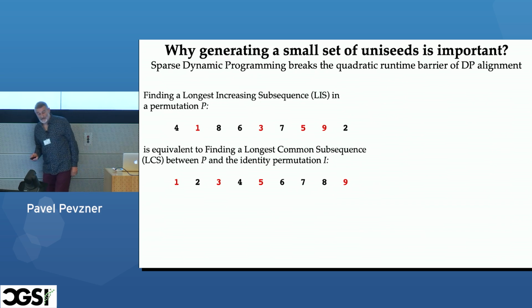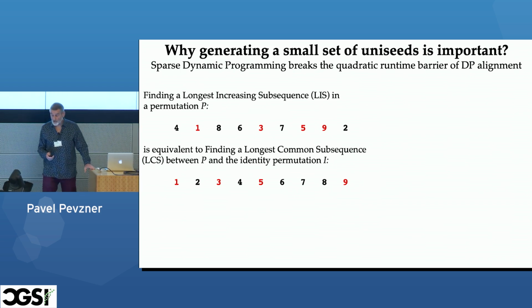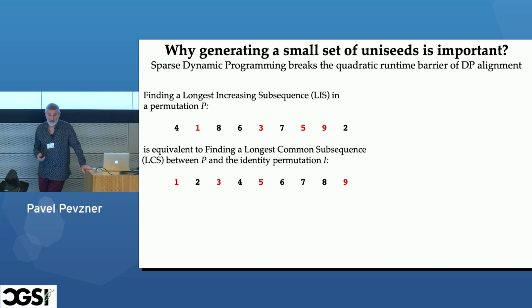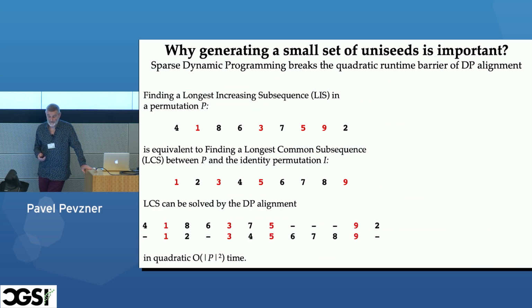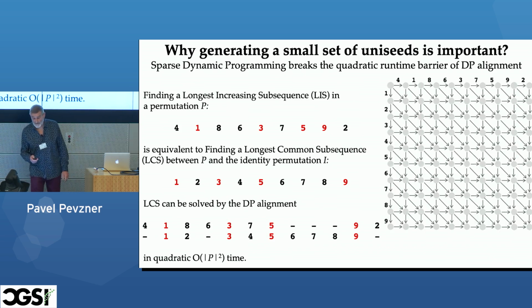And this problem is basically equivalent to finding a longest common subsequence between permutation P and the identity permutation. So it can be solved as the longest common subsequence.